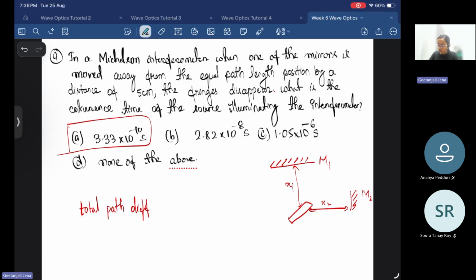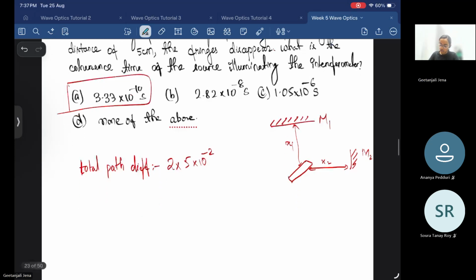And if we recall, the total path difference is 2 times the distance the mirror is displaced from the equal path position, which is 5 into 10 to the minus 2. So this will be 0.1 meter.